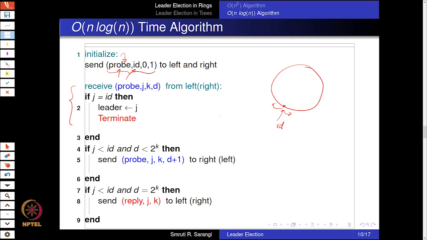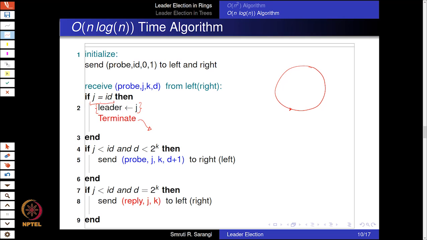So let's say I am a node and I receive a message from my left or right neighbor, and let's say the message that I receive is equal to my ID. Akin to the previous algorithm, I declare myself as the leader and I terminate.